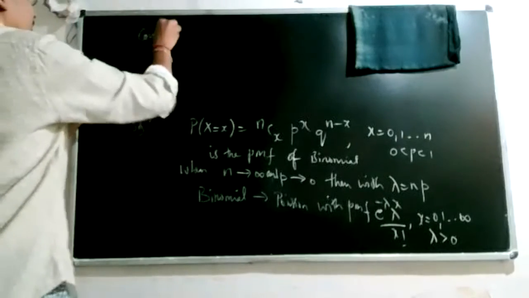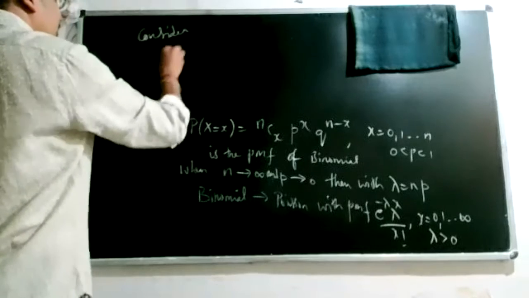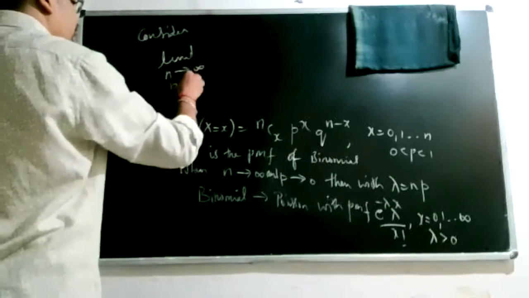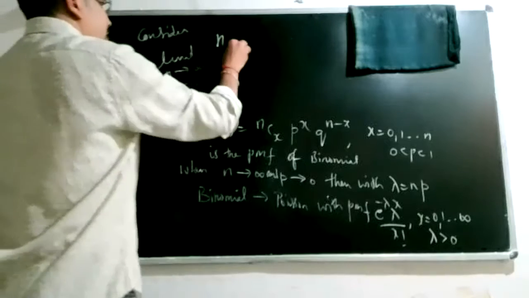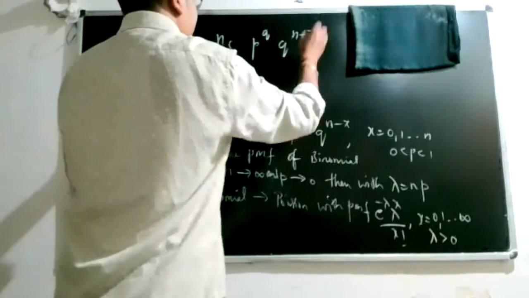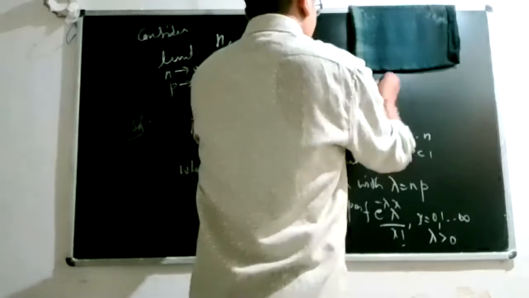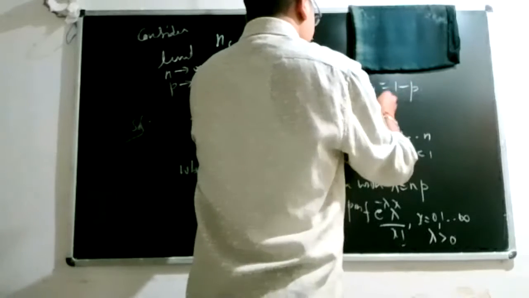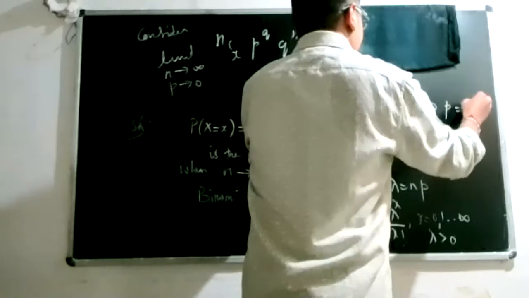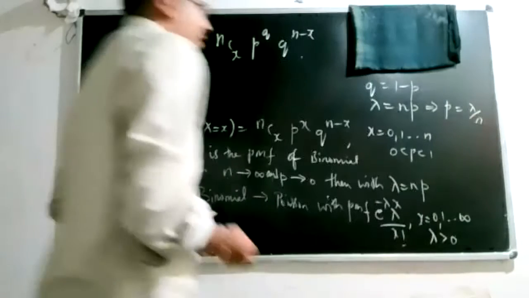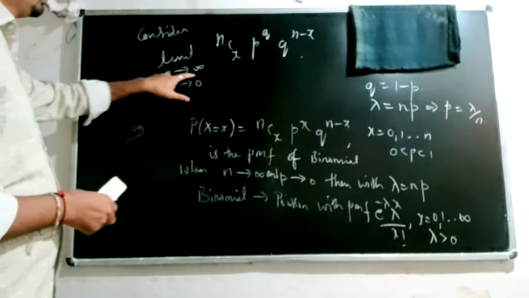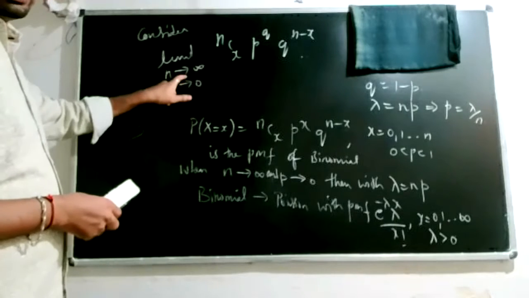So consider the limit n tends to infinity, p tends to 0, of nCx p to the power of x, q to the power of n minus x. We have q equals 1 minus p, and lambda taken as np. So this implies we can write p as lambda divided by n, because working with two limits simultaneously becomes difficult.